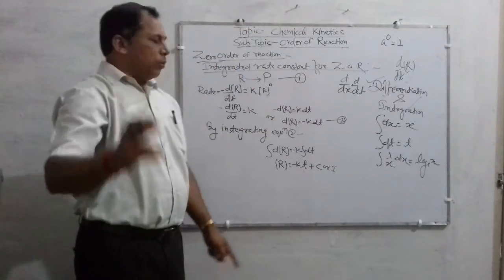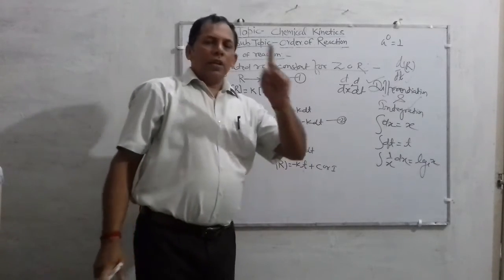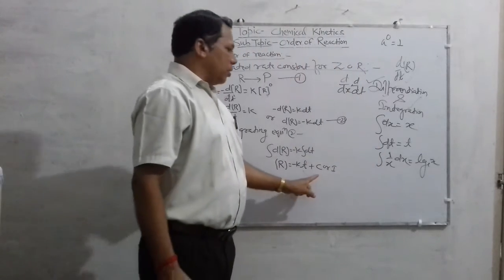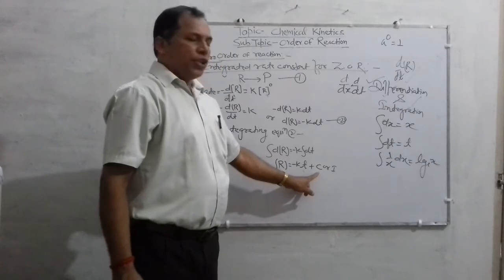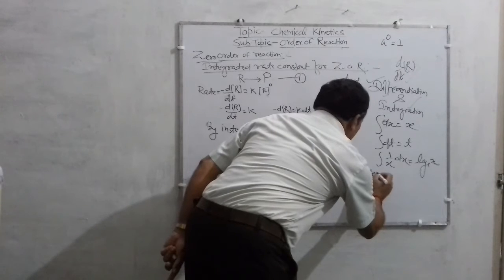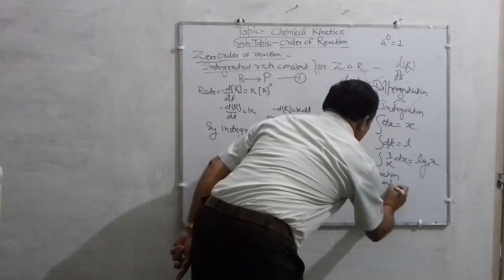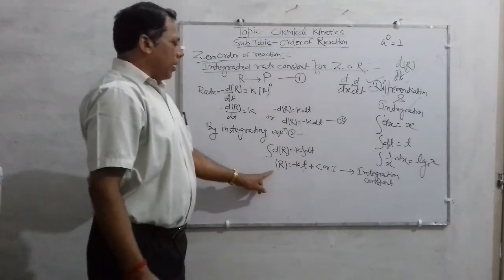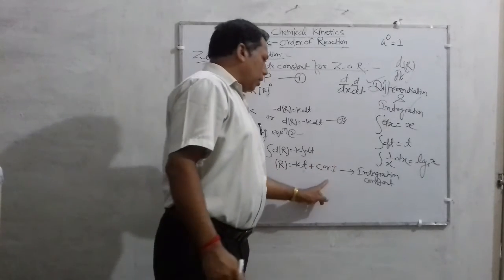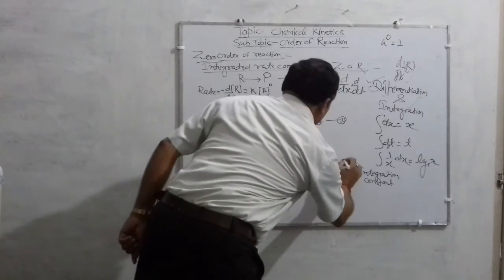One more point, children: note that during integration one constant comes out, and that constant is called the integral constant or integration constant, represented either by C or by I. So you are getting the expression R is equal to minus kt plus C or I. Suppose this is equation number 3.